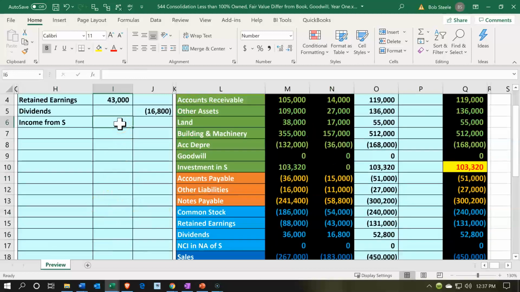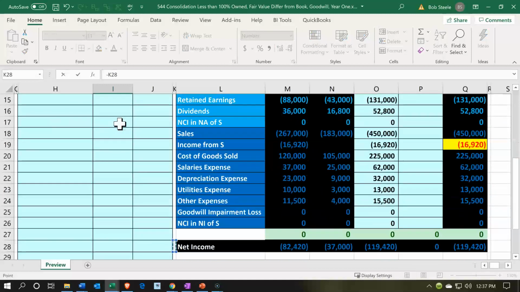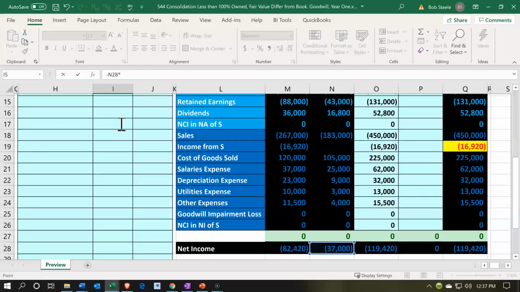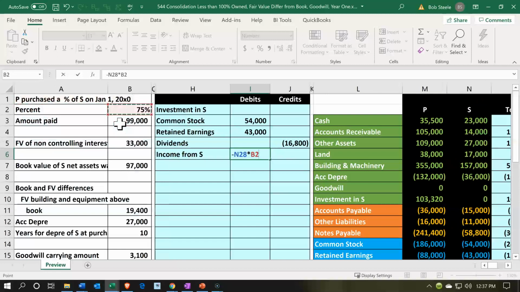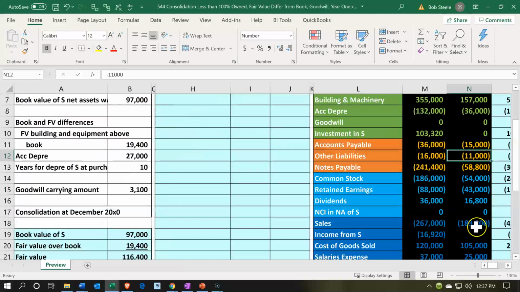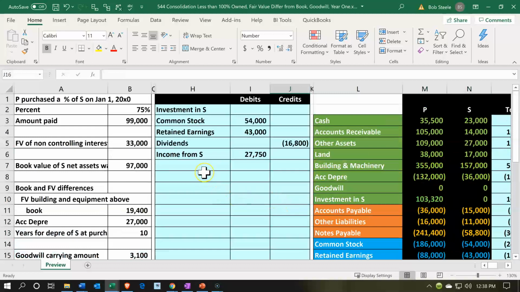So I'm going to say, all right, this income, I'm going to debit it, and I'm going to say negative of, and I'm going to pick just our percentage of the total, which is going to be the 37,000 times the 75%. So we're going to pick that up. And again, that number doesn't match what's in there right now because we made those adjustments for the goodwill impairment and the depreciations. But that's what we're going to keep it at for now.